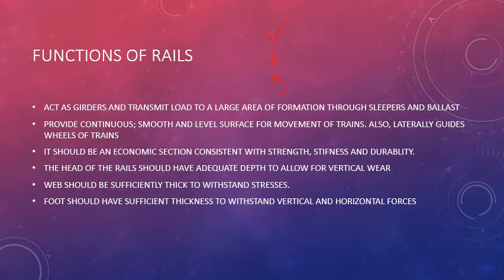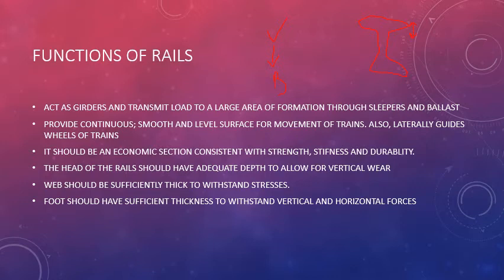The rail should be an economic section consistent with strength, stiffness and durability. The head of the rail should have adequate depth to allow for vertical wear. We already discussed that there are three parts to the rail: the head, the web and the foot. There should be enough depth for the head in order to hold the wheels of the train.